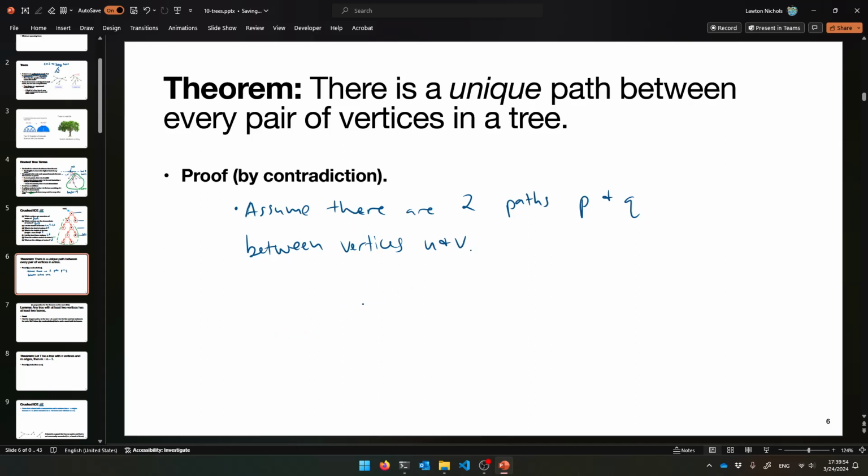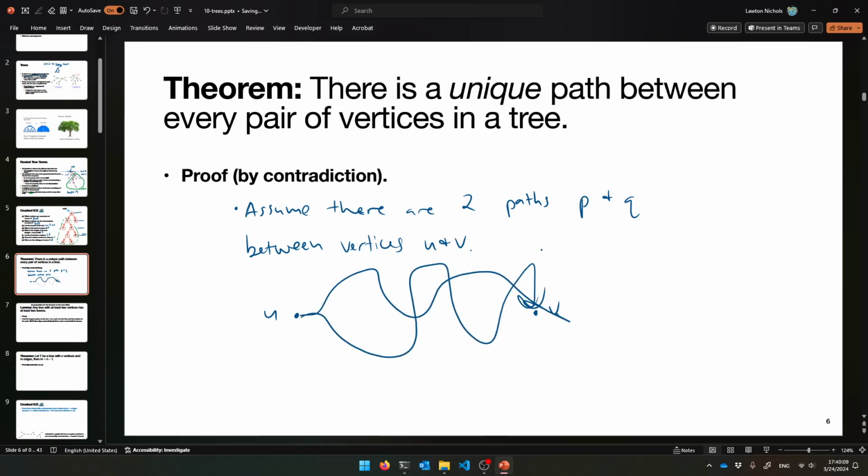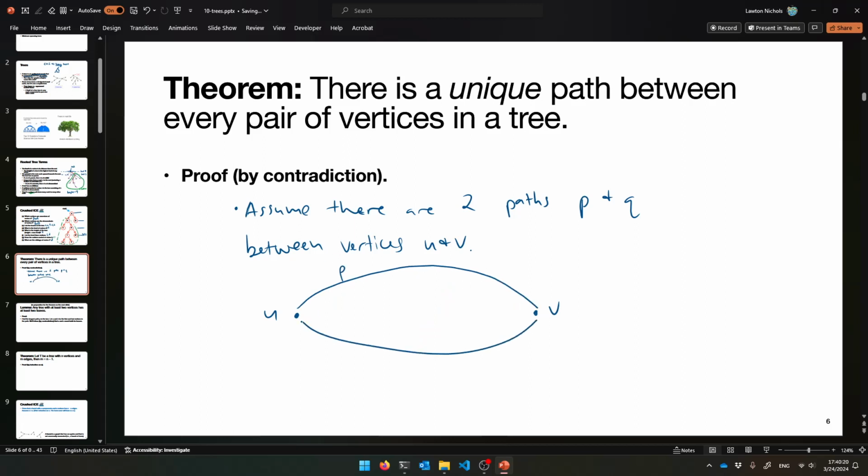For there to be two different paths between U and V, if these are two separate paths, they're not the same, so they must take different routes. One way takes that way, one way takes this way. Maybe they both veer off. Maybe that's path P, maybe this is path Q. Maybe they veer off from the start and they share nothing.